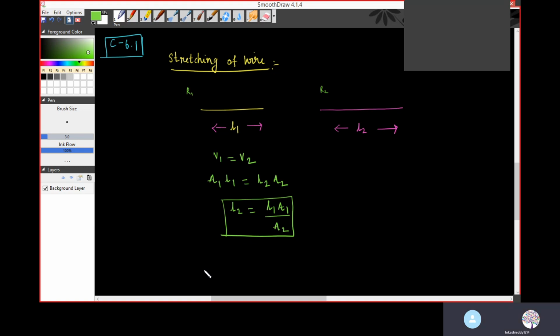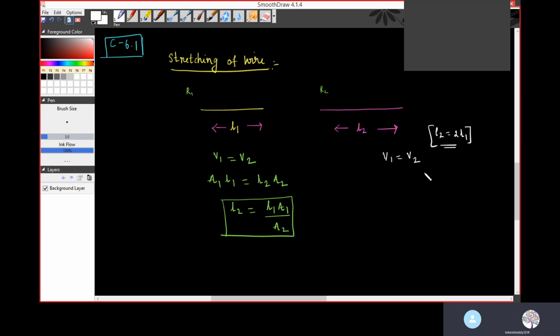Generally the question is, if the wire is stretched and the length is doubled, what happens to the resistance? How much will be the resistance? If the length is doubled, the volume will be the same. V1 will be equal to V2, if L2 is equal to 2L1, for that case I am writing.